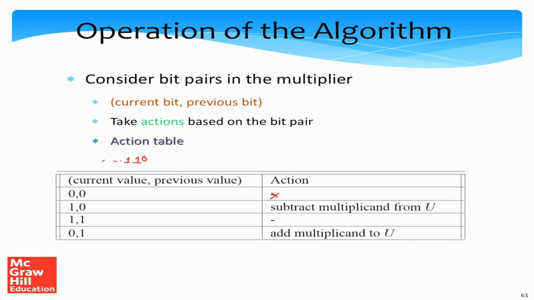If current bit is 1 and previous bit is 1, we are in the middle of a run of 1s, so we don't do anything. And when there is a transition from a 1 to a 0, then we add the multiplicand to u.